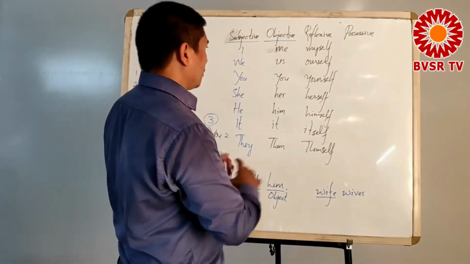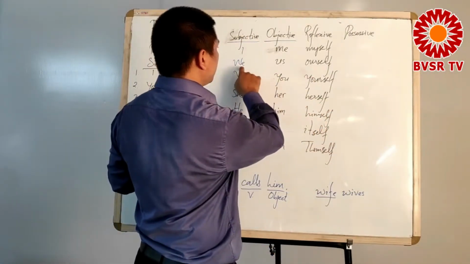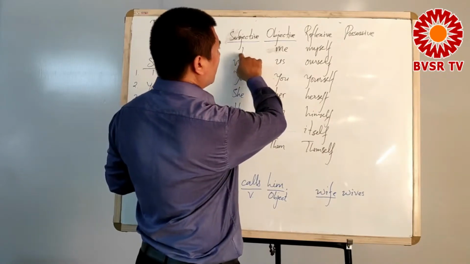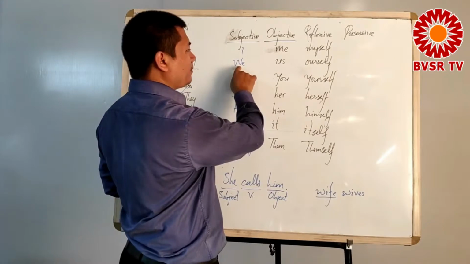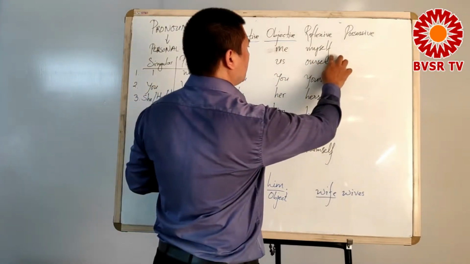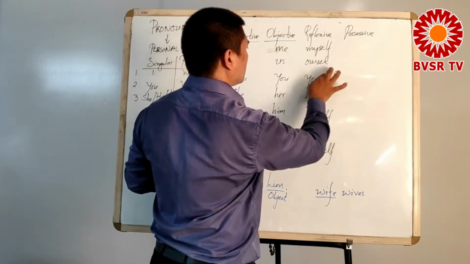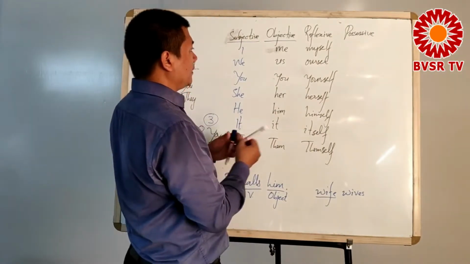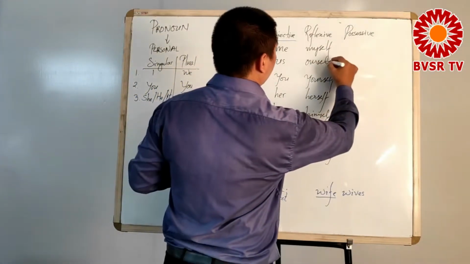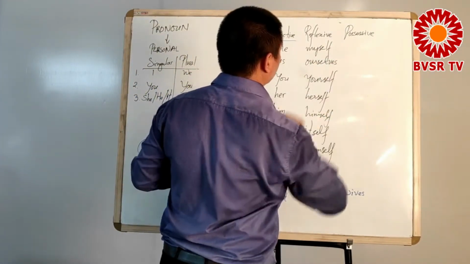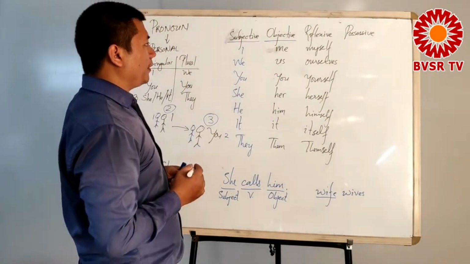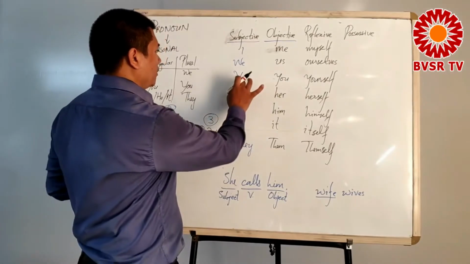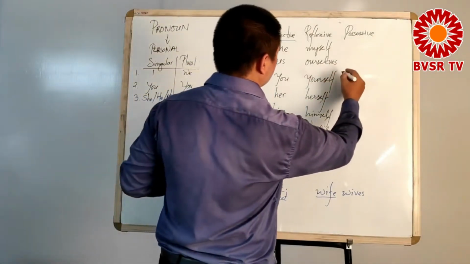So we is plural, I is singular, therefore myself is correct. But since we is plural, it should be not self but selves, with V-E-S. We have to write it like this. Then it will be the correct way of writing reflexive. And you can be singular at the same time.